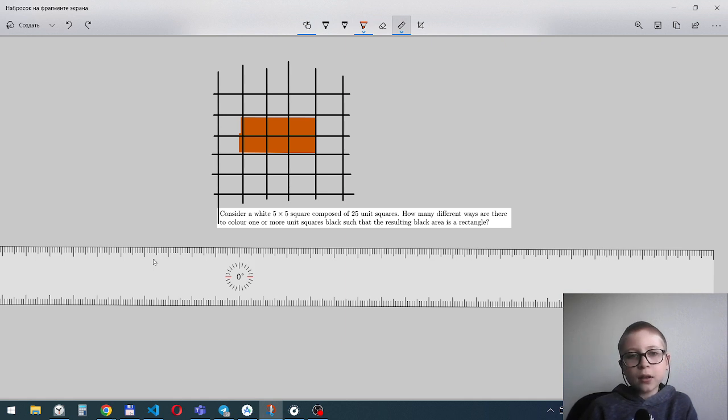To count this, we need to define some parameters of the rectangle, and a parameter can be, for example, area.